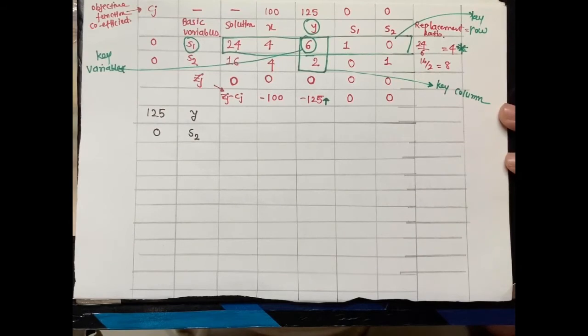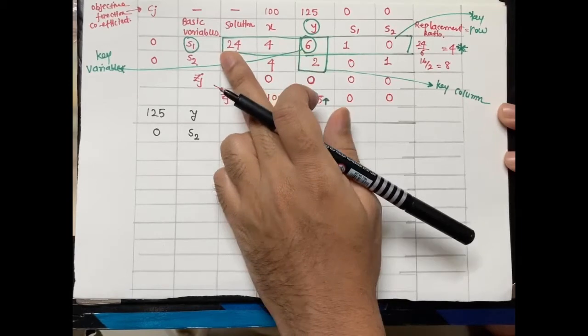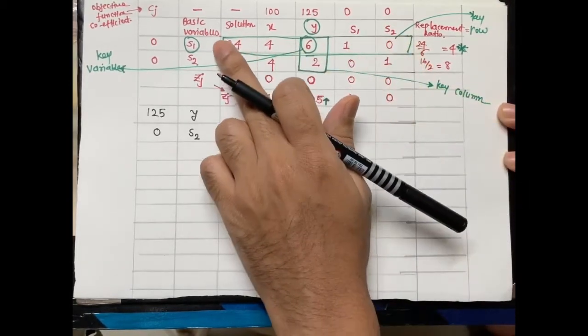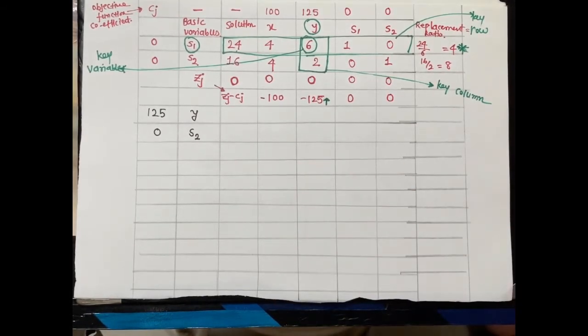This is the constraint that I have to satisfy. We have two constraints, and the very first is that the key variable must have a unity value. So how can I bring a unity value here? If I divide this entire row by 6, I can get the value of the key variable as unity.